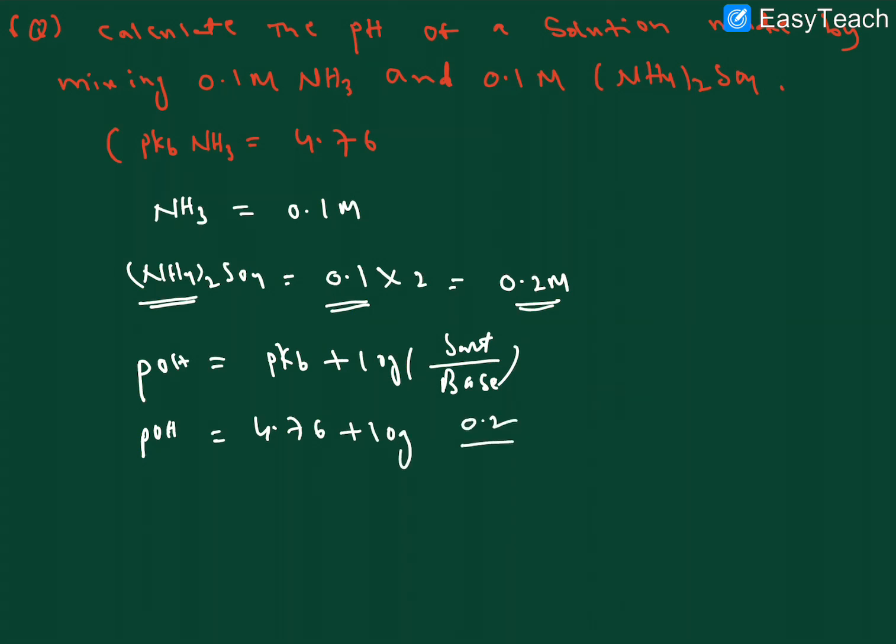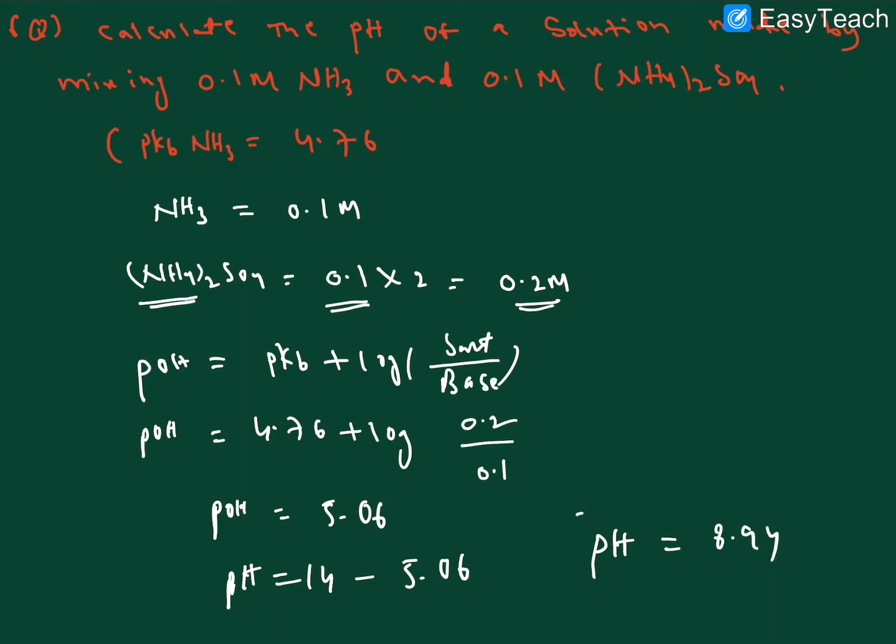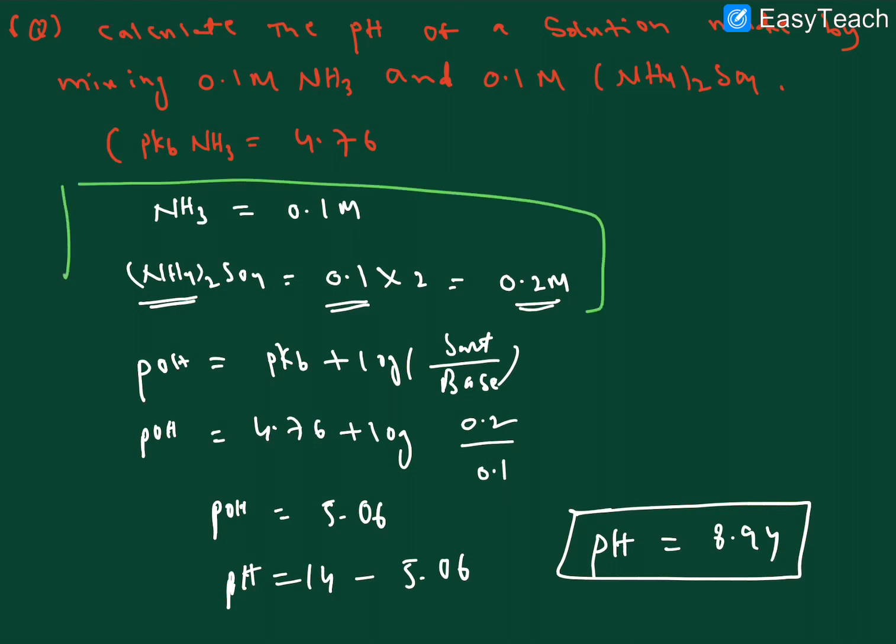And what they mention in the question, the pKb, is 4.76, plus log of salt concentration 0.2 and base concentration 0.1. So the pOH is equal to 5.06, and pH is equal to 14 minus 5.06, so pH is equal to 8.94. So this is the way of doing it. We have to apply this concept, very important here, considering the number of ions' concentration. I hope it is clear.